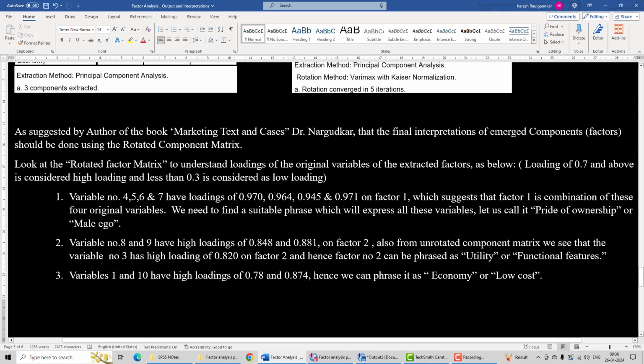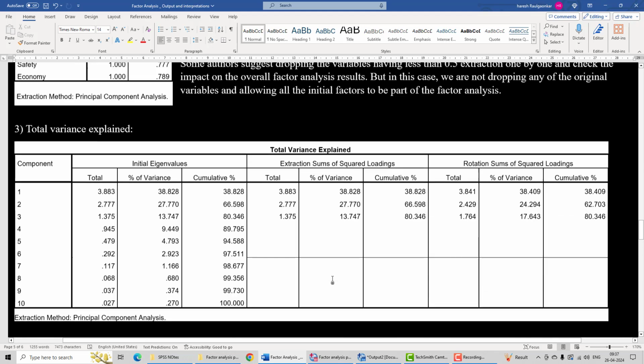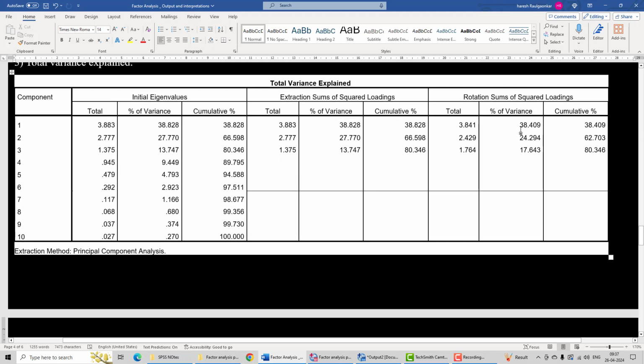So basically now we clearly know that there are 3 main factors which explain our initial observed variables, and these three factors explain 38.4, 24.2 and 17.6 percent of variance.